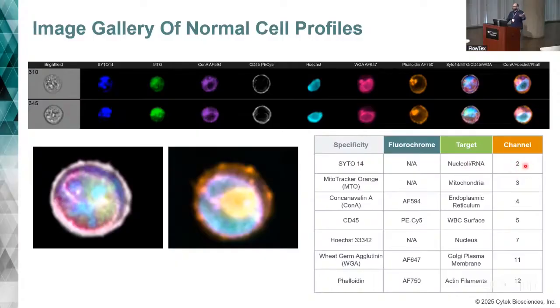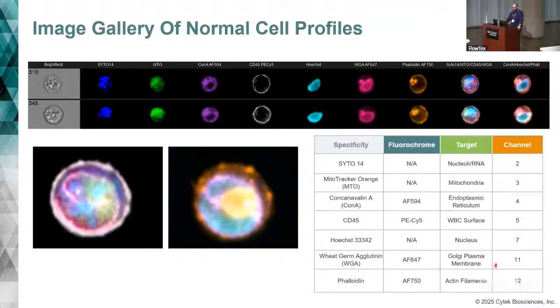That's like a FITC, right? MitoTracker Orange is in channel 3, where a PE would sit. ConA, AF594, the ER, is in channel 4, so same as a PE-Texas Red. And then CD45 is a PE-Cy5 in channel 5. This is all what would sit on the first camera of the ImageStream, those first 6 channels.